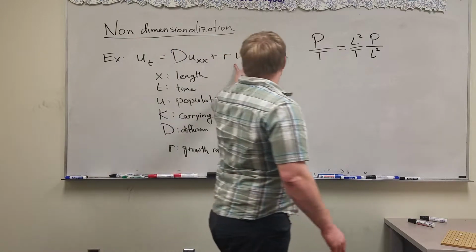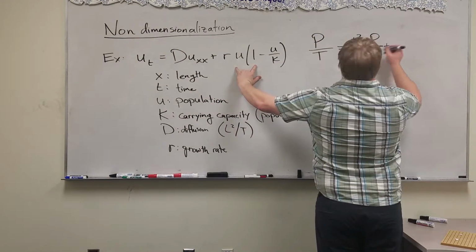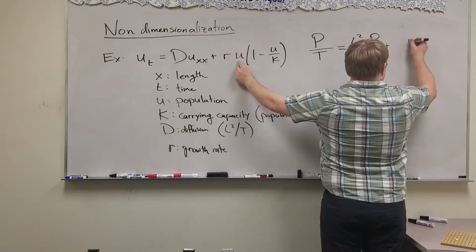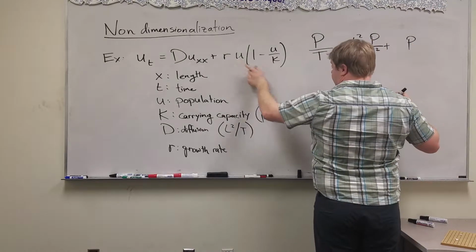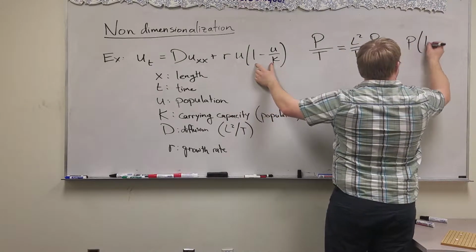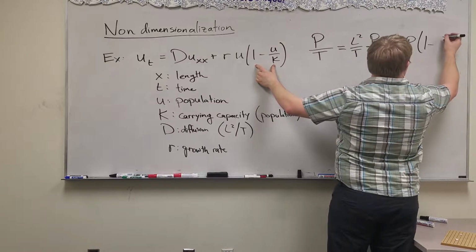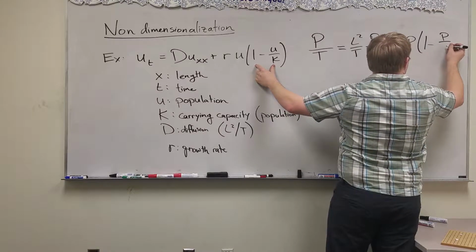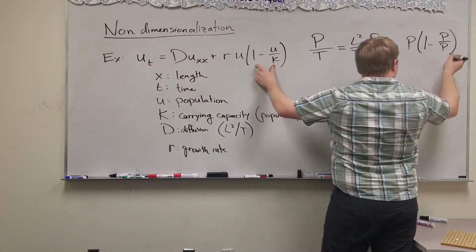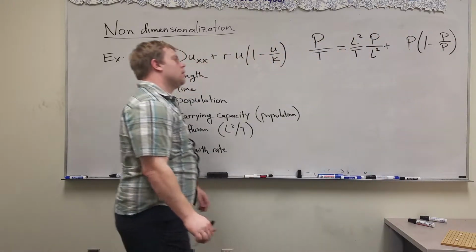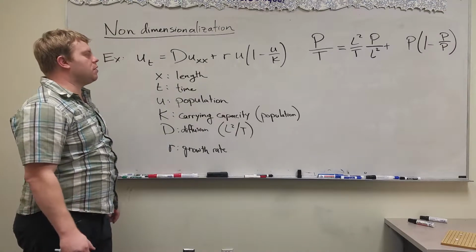Similarly, if I look at this term, I know that u is population, and this term in the parentheses here is dimensionless, because I have u over k, which both have dimension p.